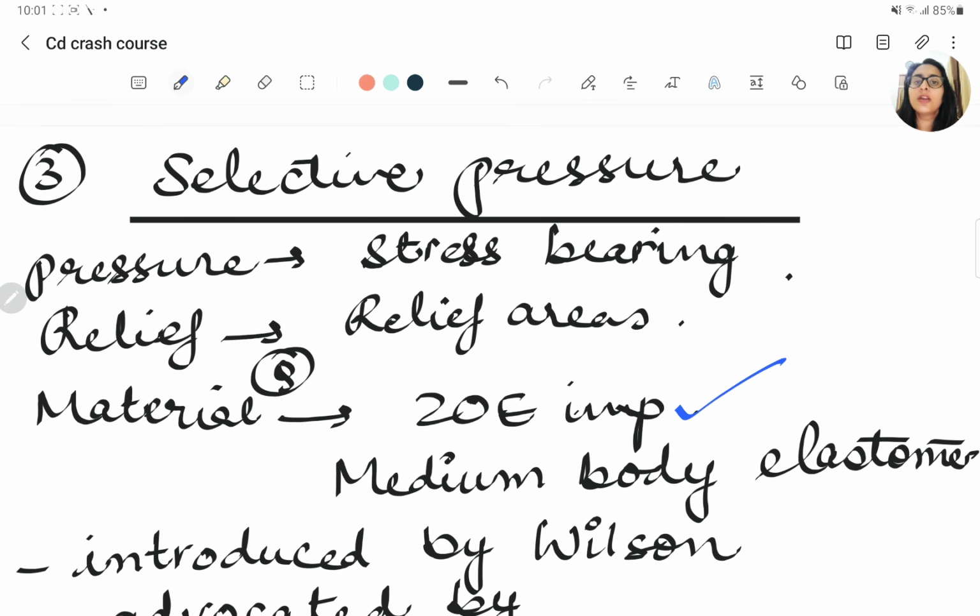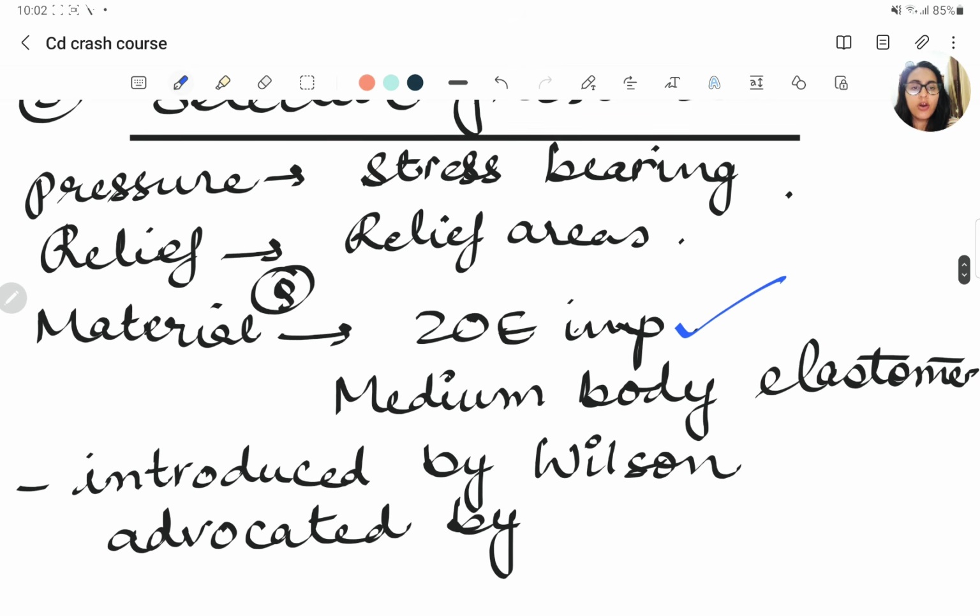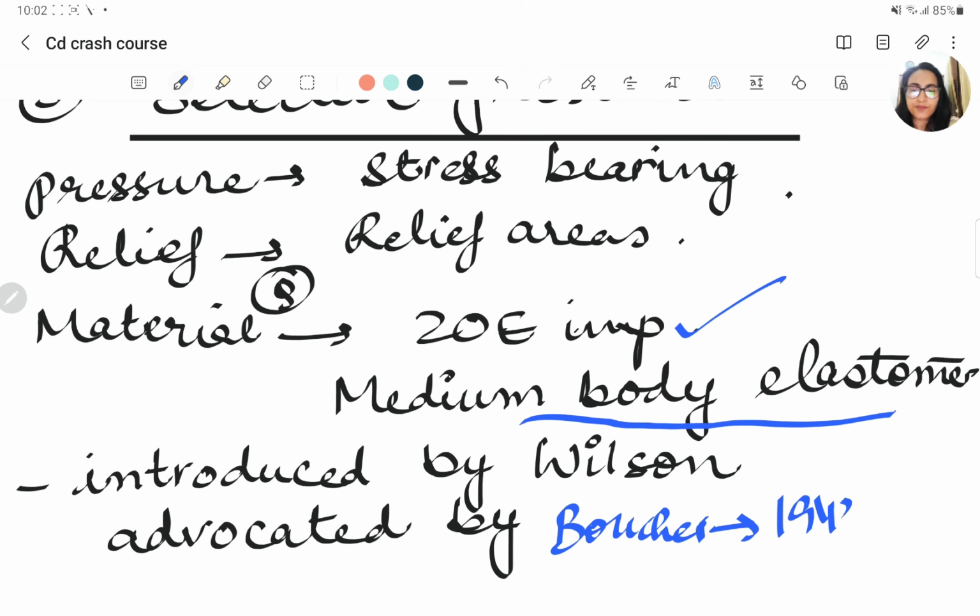Also the cuspid eminence we are going to relieve via the wax spacers. So we relieve the relief areas and we put pressure on the pressure bearing areas. That is the selective pressure technique. We use zinc oxide eugenol or medium body elastomer. It was introduced by Wilson in 1920 and advocated by Boucher in 1943.